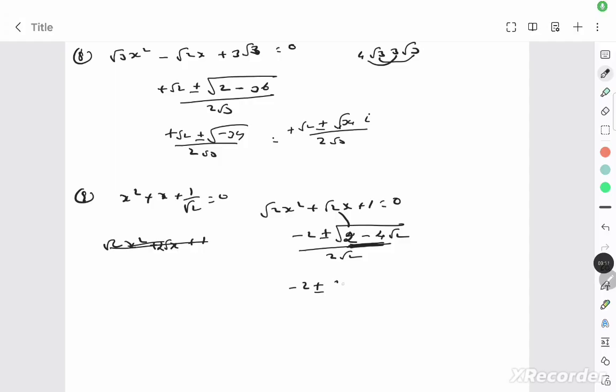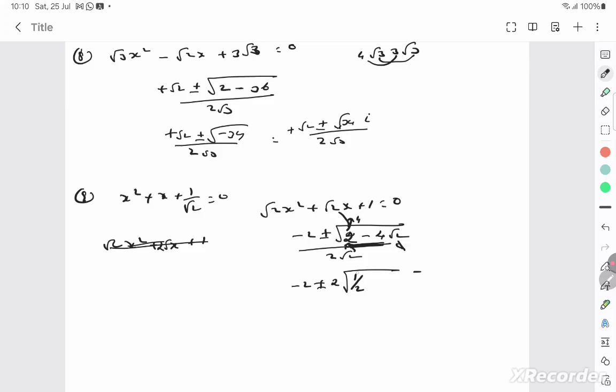Suppose I try to take a root 2 out from here, because this is root 2, so this is root 2 into root 2 is 2, so it becomes root 2 minus 4. Or suppose I try to take a 2 out from there. Let's see what happens. Minus 2 plus or minus. But this should have been 4 for me to be able to take a 2 out. So dividing by 2, if I take a 2 out, I have to write it as 1 by 2.